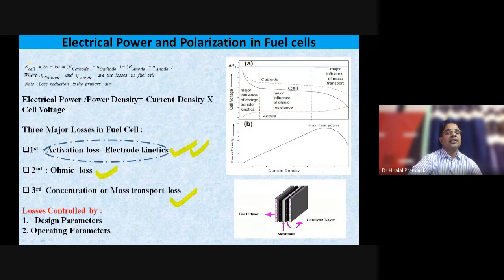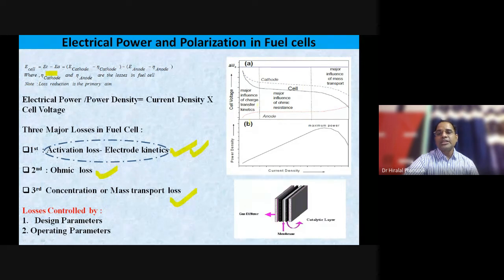The cell potential is the difference between cathode and anode, which gives the overall cell reaction potential. But the cathode and anode both will have some losses, known as overpotential, eta anode or eta cathode. We will find these out for the anode and cathode, then combine them for the overall cell.